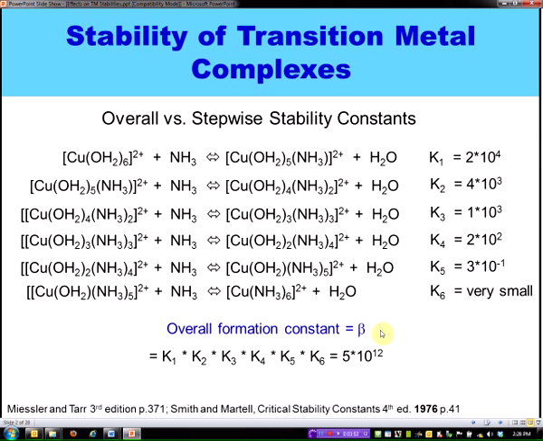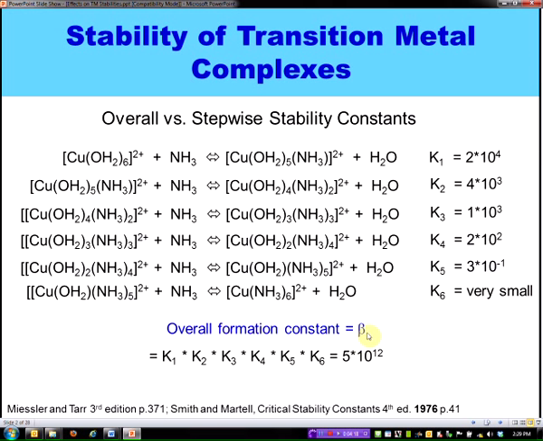But lots of times we're interested in just the overall formation constant for the reaction. So the overall reaction would be going from this copper hexaaquo species to the copper hexaamine species. And we can express the overall formation constant as the beta value. So it's often called the beta for the overall formation constant.